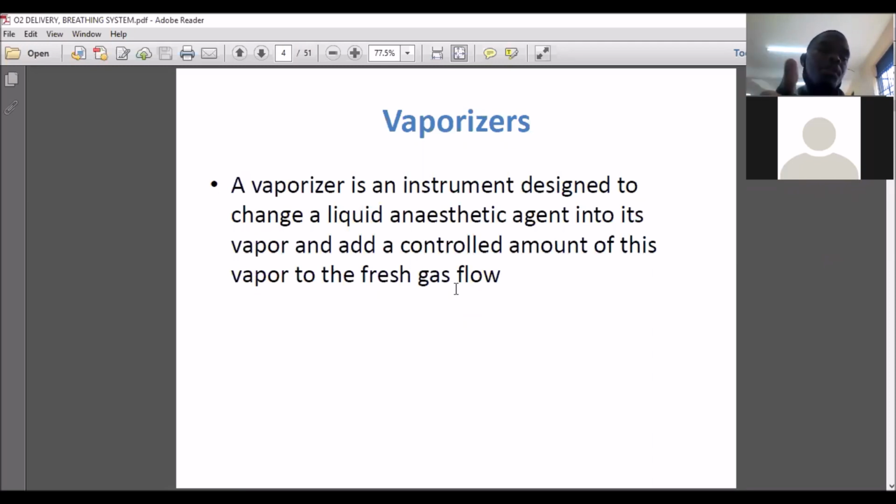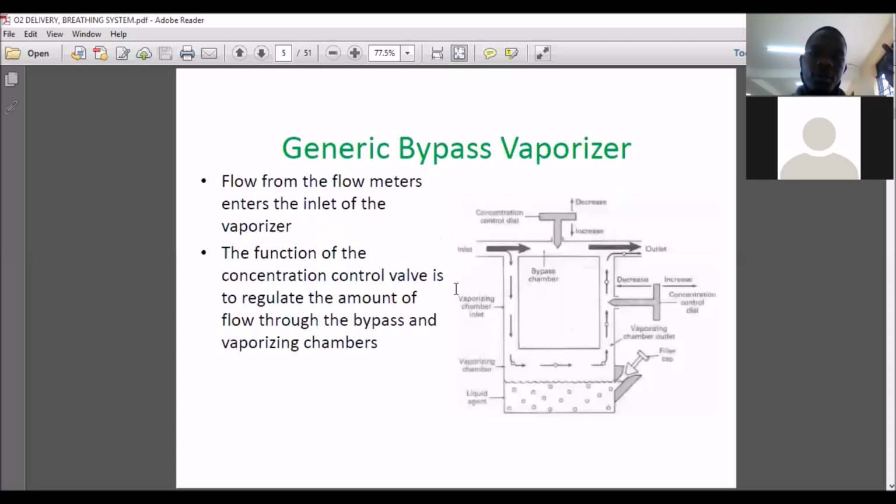This vaporizer will determine whether the gas that comes out of it will be 40% anesthetic agent or 20%, because it will be mixing the air flow going in with the anesthetic agent. So that will be the function of the vaporizer.